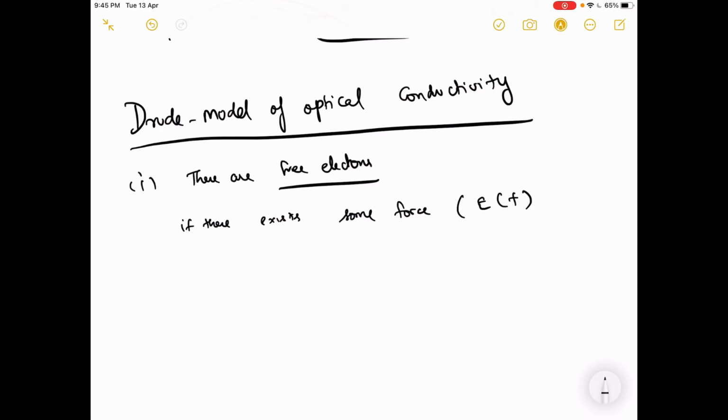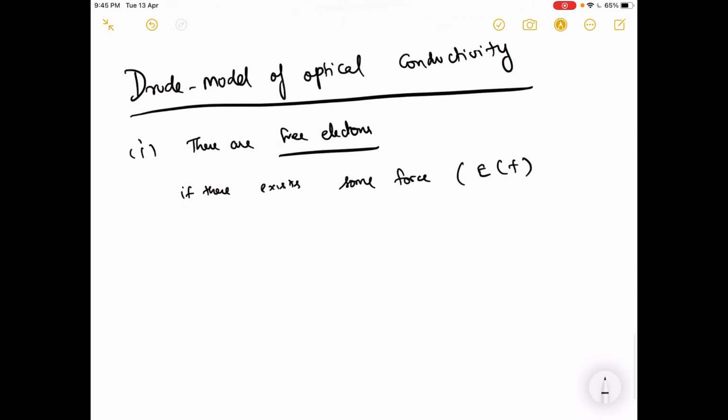You have some electric field which is time dependent, because we're talking about electromagnetic radiation which is oscillating in time, right? Under such situations, the momentum of the electron gets modified by the electric field minus p of t by tau, and tau is the mean lifetime, right? So this is the acceleration of the momentum, and you have some deceleration or some scattering which reduces acceleration, which gives you some finite velocity. If you do not know where this comes from, I recommend you go back to our Drude treatment. We will see where this comes from, right?